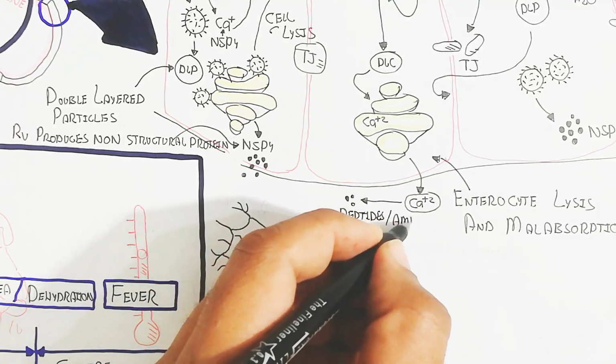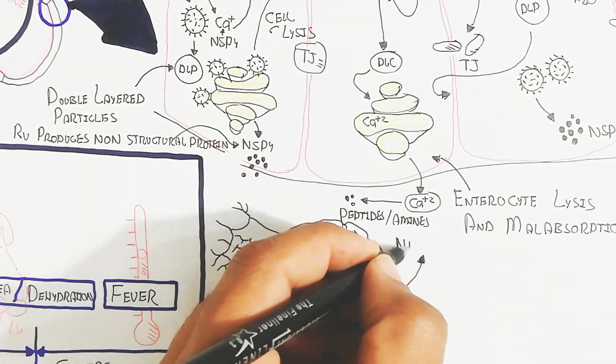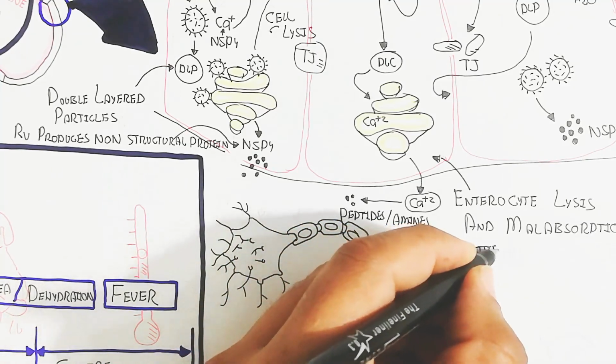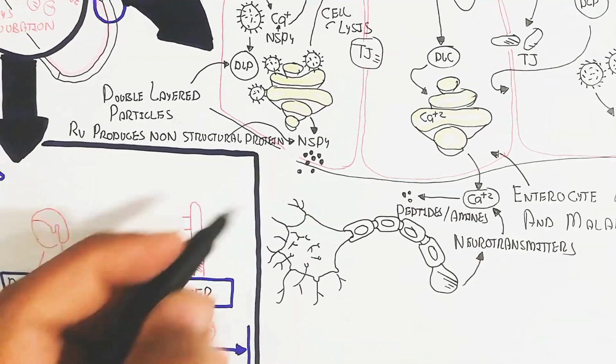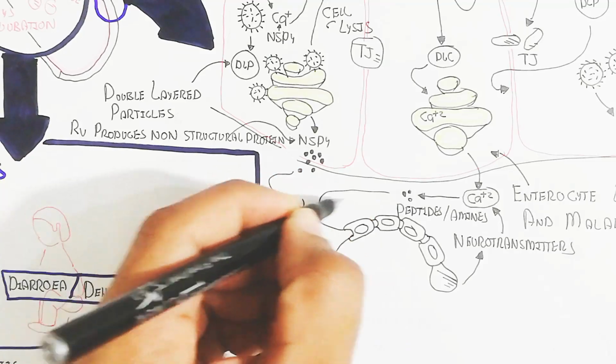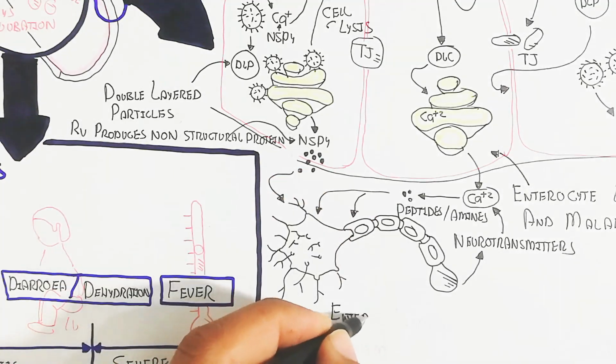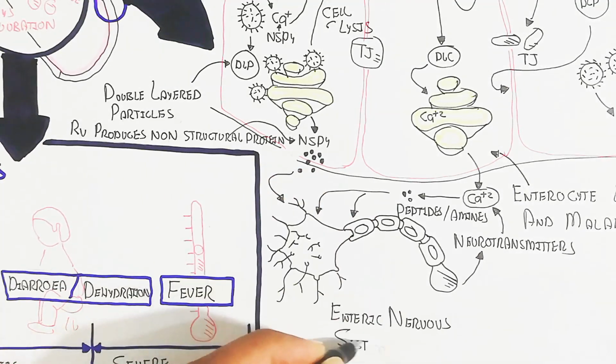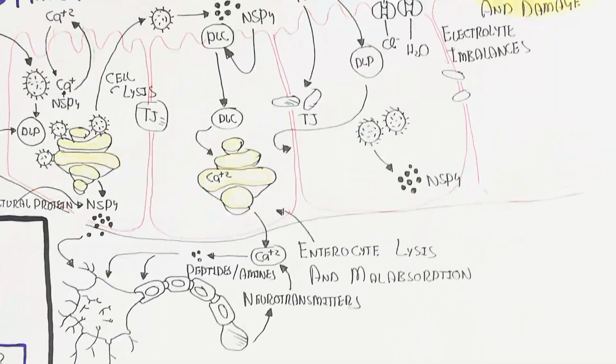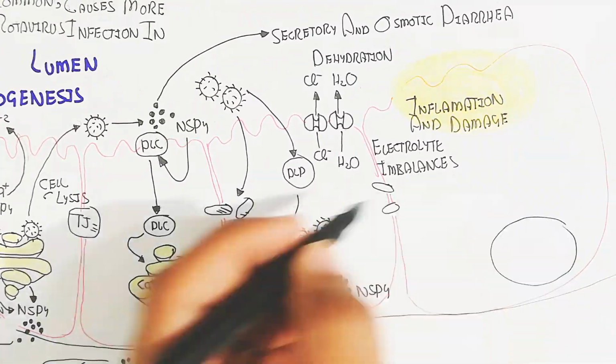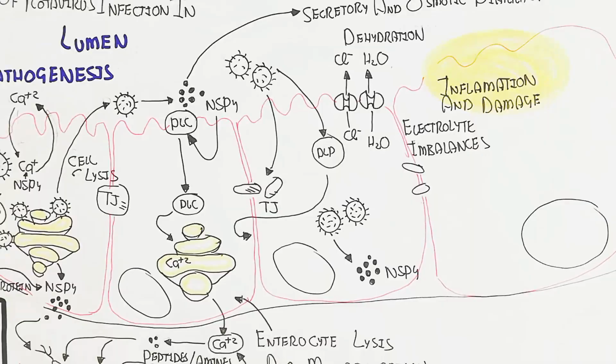Also here you can see the neurons which produce peptides and amines, and in this way the neurotransmitter will lead to calcium moving out, and the peptides and amines will be triggered, leading to enteric nervous system problems.